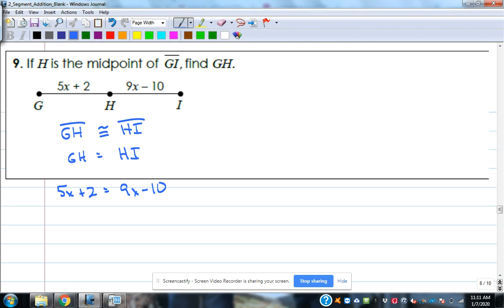So again, the geometry statements are the congruent statement and then the equal statement, and then the algebra backs that up.